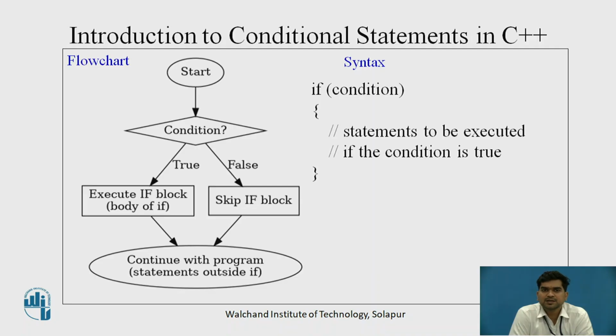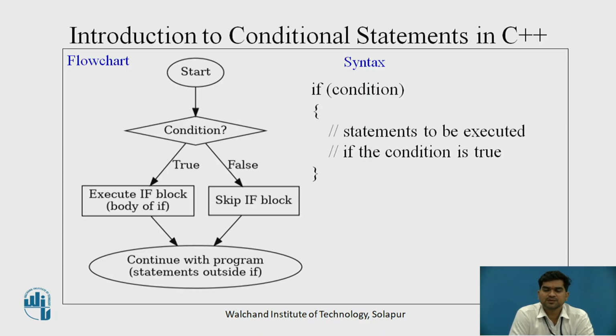Otherwise, if the condition is false, the if block is skipped. In the same example, the condition is marks greater than 40. If I provide the input value as 50, it gives a true value, so the block gets executed. Otherwise it skips the block. This is the general flowchart for the if statement.